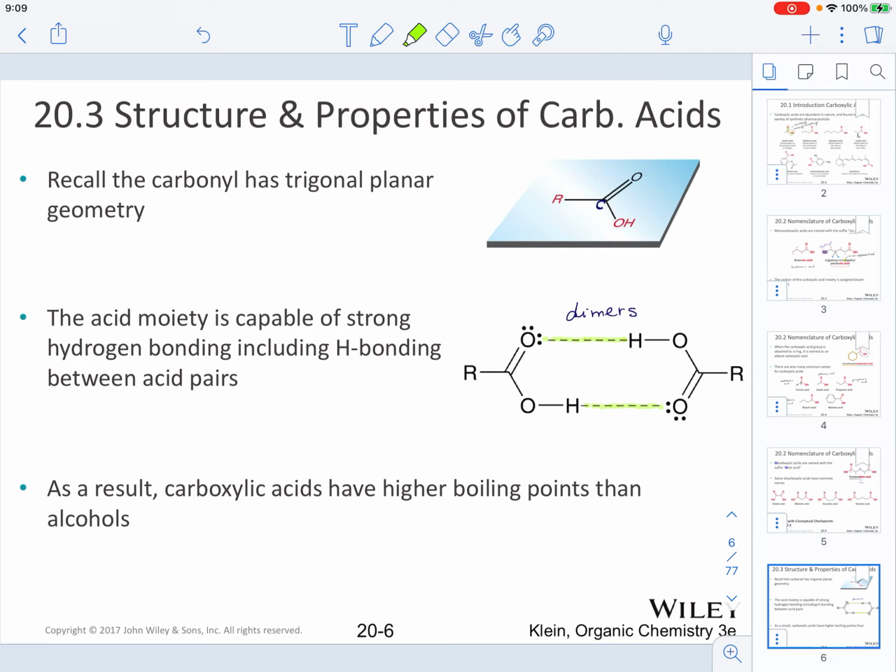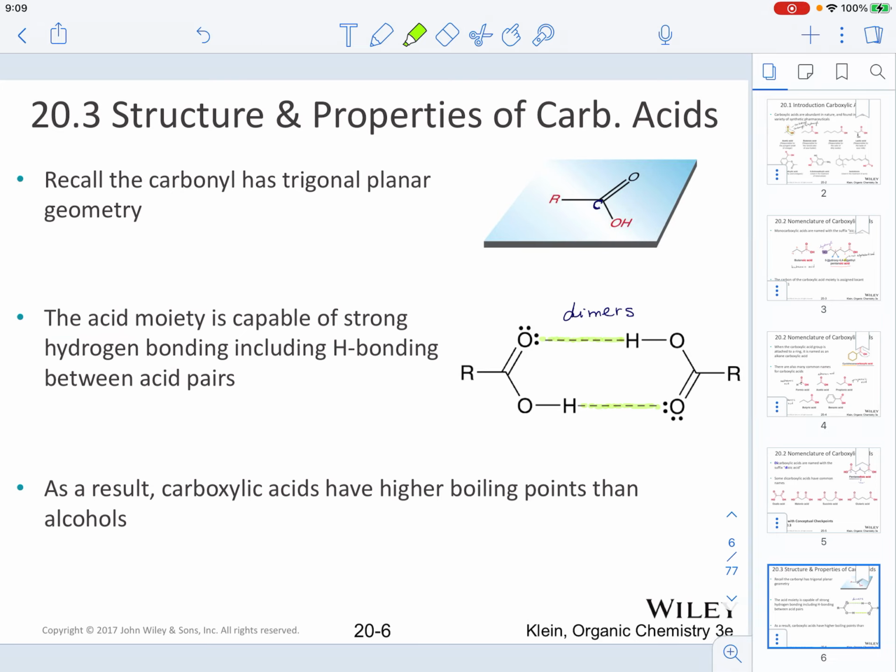As a result of this, carboxylic acids have a higher boiling point than alcohols, again because of the formation of this dimer that can occur between carboxylic acids.